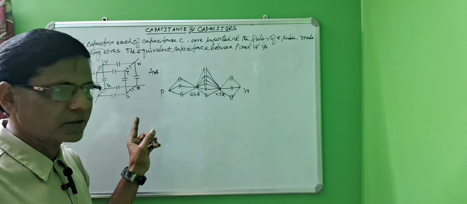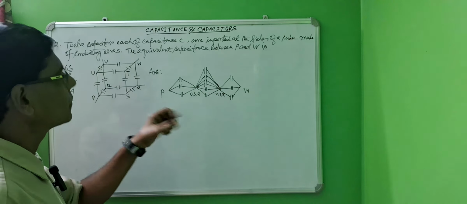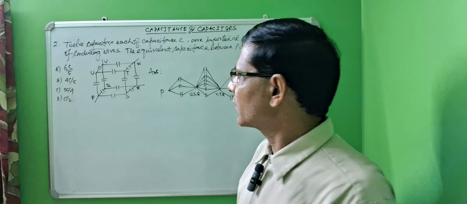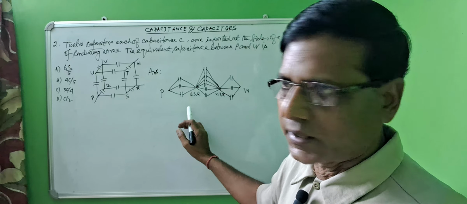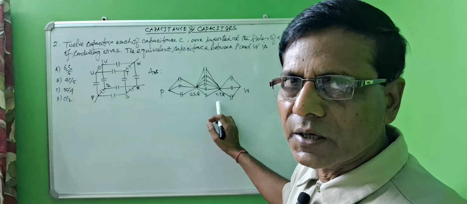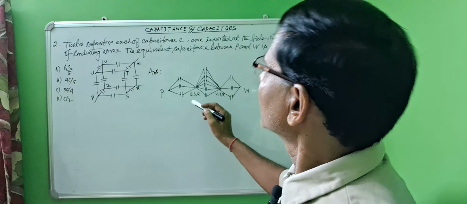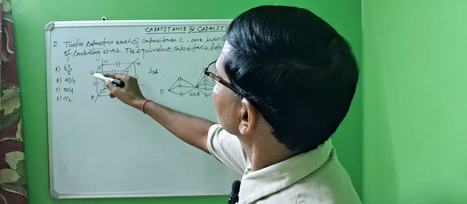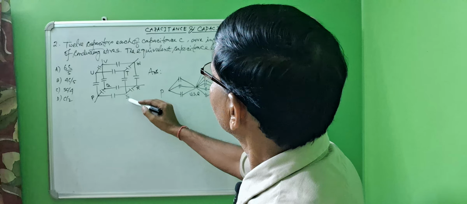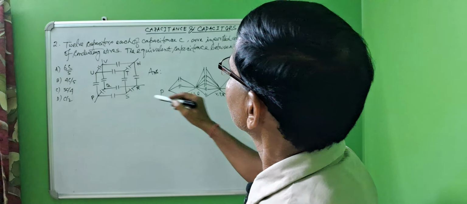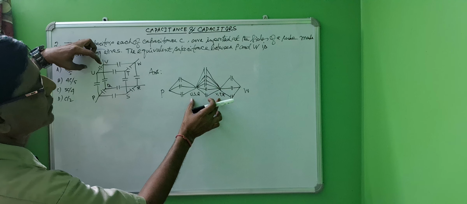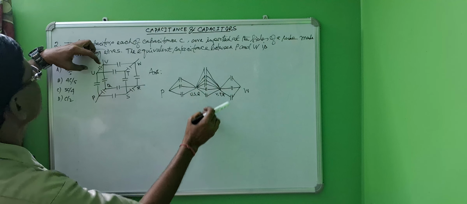Because this is a complicated circuit, we can write S, Q, the points are a single point in the equivalent circuit. Also V, T, R, the points are at a single point for the equivalent circuit. Why? Now here UV is the capacitor, here ST, here UV and UT.